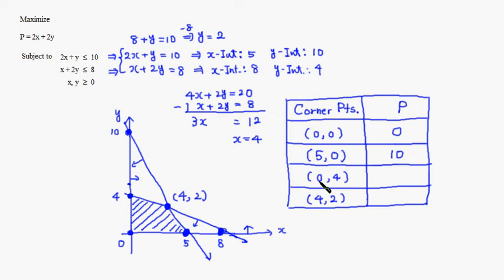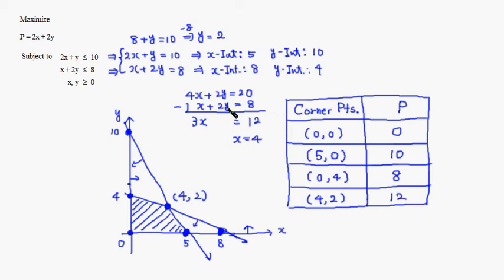For 0, 4, 2 times 0 plus 2 times 4 is 8. And 4, 2 would be 2 times 4 is 8, plus 2 times 2 is 4, so 8 plus 4 is 12.